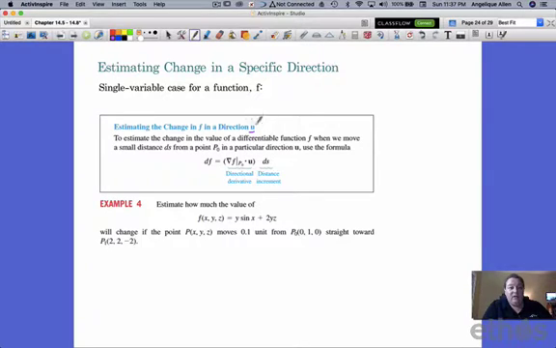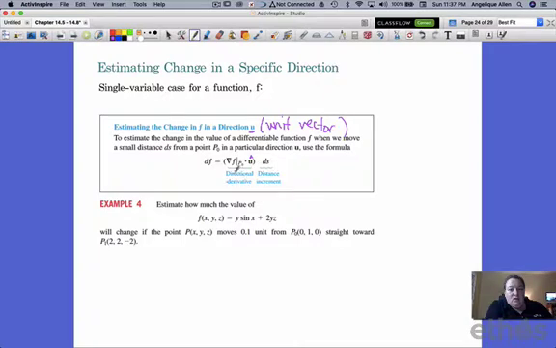I want you to understand that u has to be a unit vector, which is not the most obvious fact in this little setup. In fact, I've told you before that I actually put a little hat over unit vectors so that I don't forget they're unit vectors. That's very helpful right here because they didn't say it. They just said in the direction of, which means you have to cut it down to a unit vector to use it. And nowhere in this problem did they say that. So I'm hoping that you're paying particularly good attention right now. So let's just pick this apart.